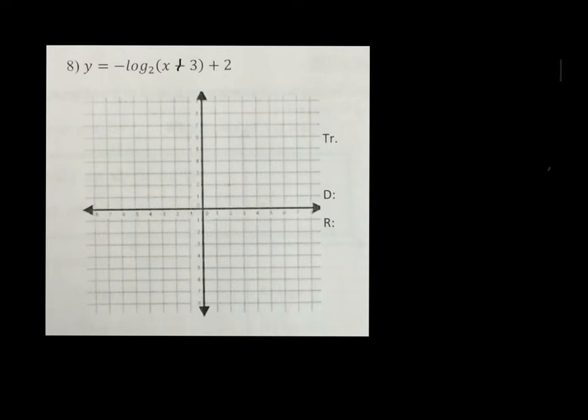So with our newly edited problem, we have 3 transformations taking place in this function. We have a reflection because of the minus sign. We have a left movement, moving 3 units left because of the +3, and we are raising it 2 units. Let's write down our transformations. We have a reflection.